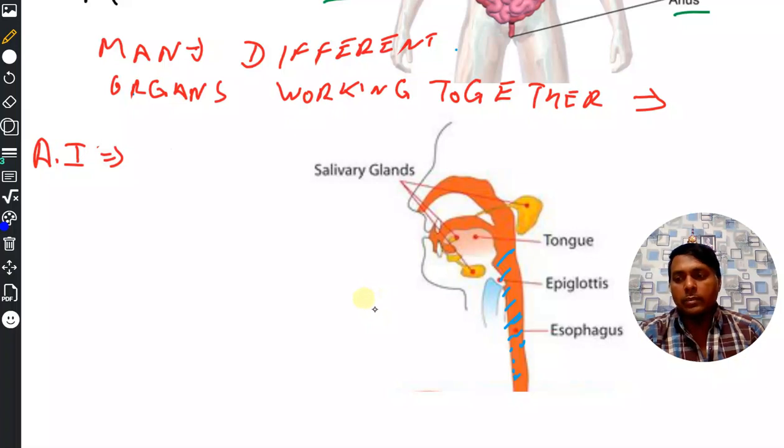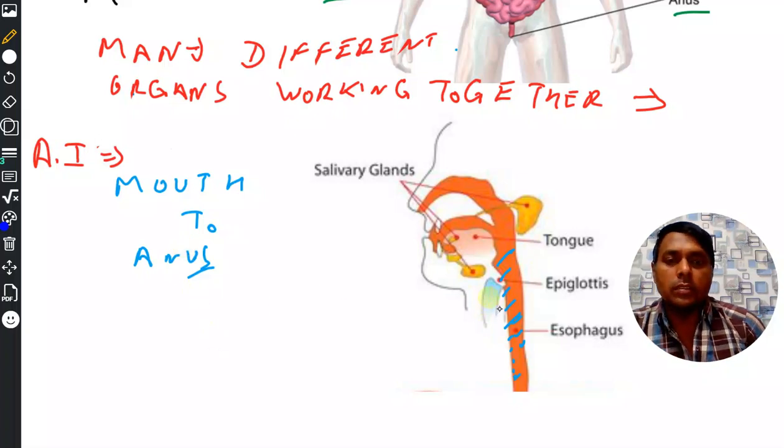So what is the alimentary canal? This is a food pipe. The digestive system is mainly one long muscular tube from the mouth to the anus. It starts from the mouth and ends at the anus.